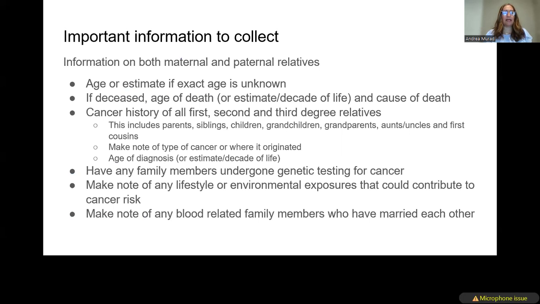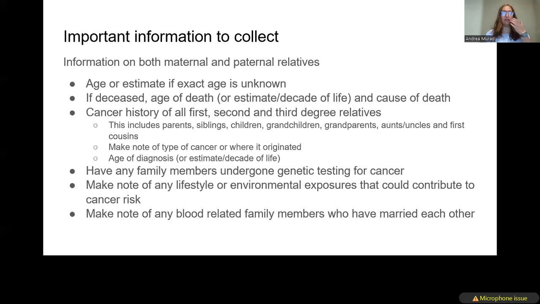Oftentimes people don't have these exact ages, and sometimes I've found that it helps to relieve the stress of trying to get them to come up with an exact age if you ask them for an estimate. So any idea approximately what age somebody was diagnosed or what decade of life they might have been in when they passed away.